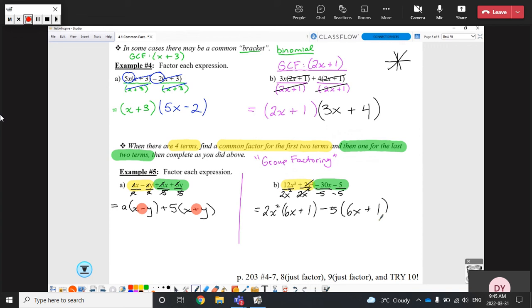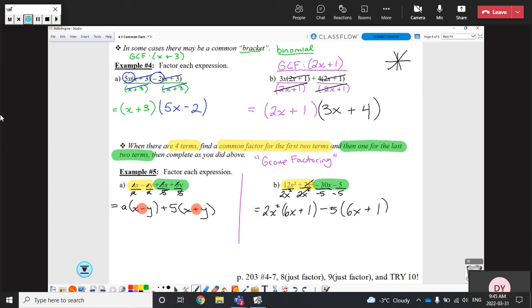Oh, what do you notice? Can we factor it one more step? Yeah. What does this term and this term have in common? Yeah. It's 6x plus 1. So what we're going to do is factor that out.